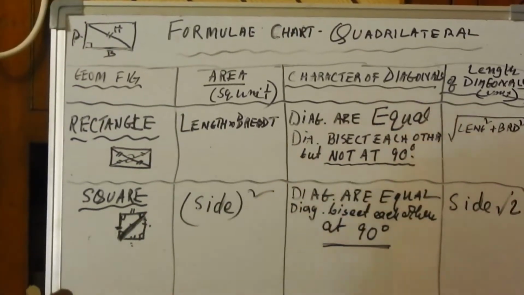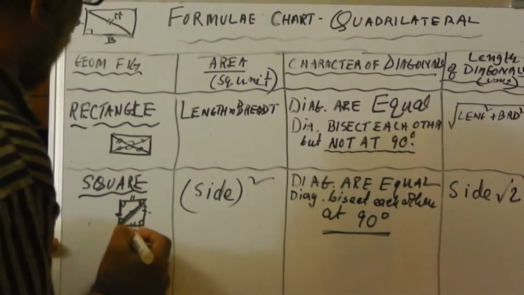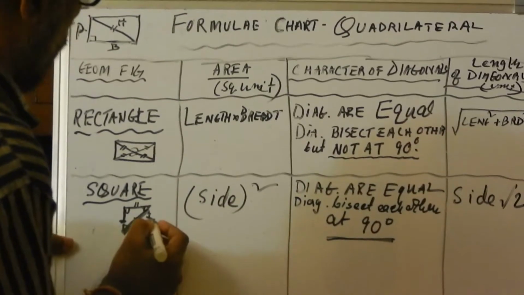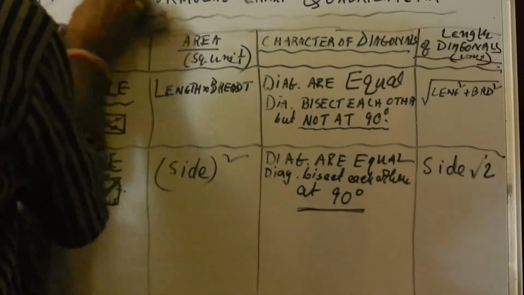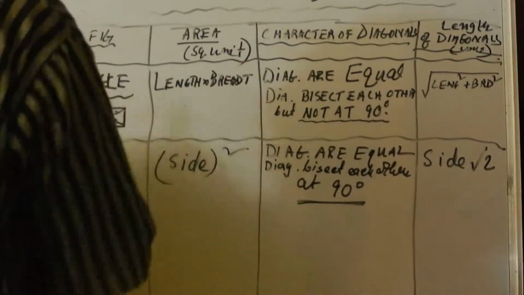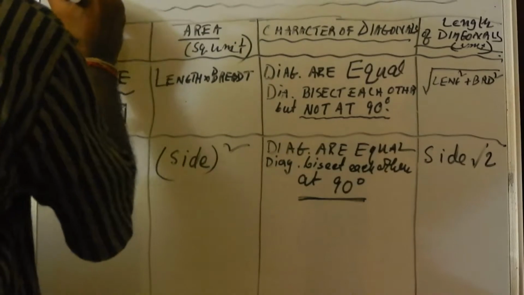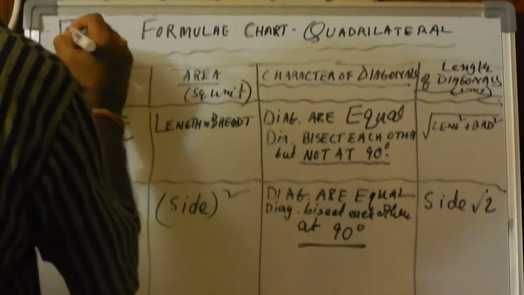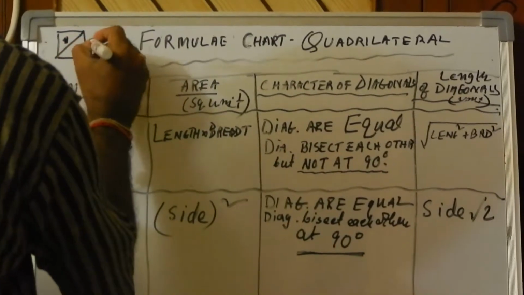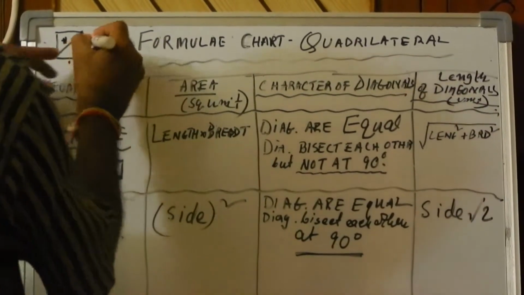I again repeat, this hypotenuse square equals length square plus breadth square. So this is the hypotenuse, this is length, breadth, whatever, they are the same.